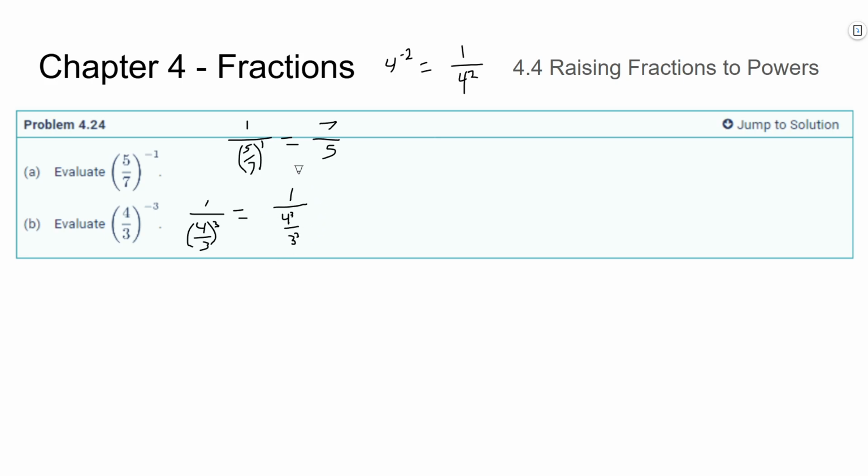Well, we know when we have a fraction in a denominator, all we do is just flip this fraction over. So it's going to end up being 3 cubed over 4 cubed. Or if you want to multiply that out, that would be 27 over 64.